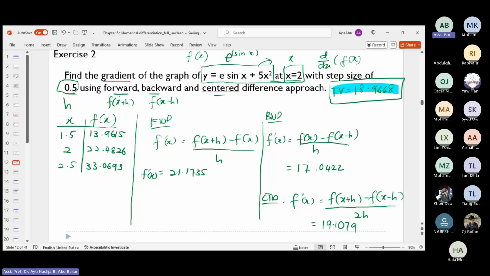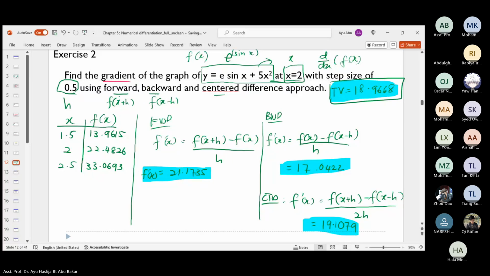Okay, so from here you can see whether your answer is approaching the true value or not. From the answer that you get, it is in the range of the true value.